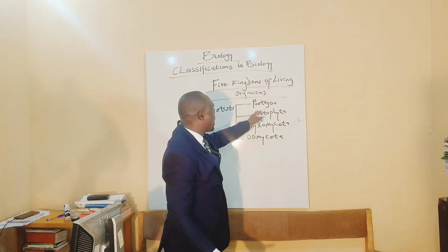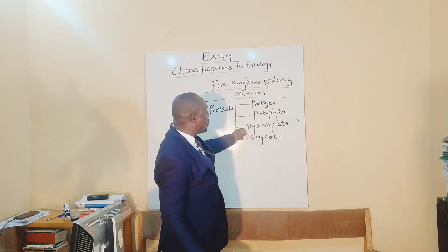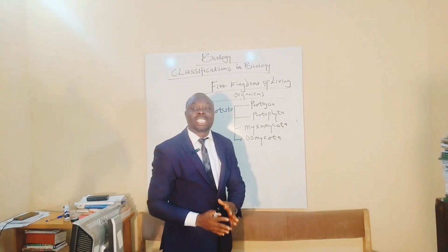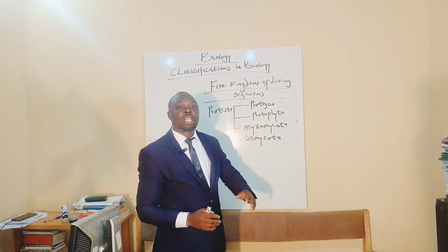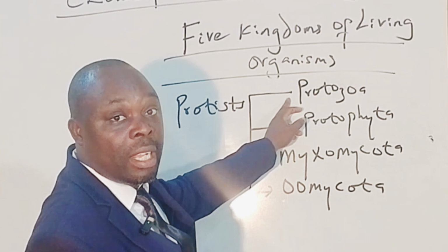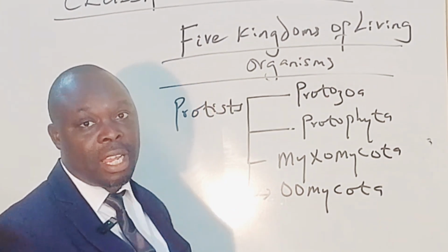But these organisms here are called the protists. We are going to explain the protozoa, the protophyta, the myxomycota, the oomycota later.